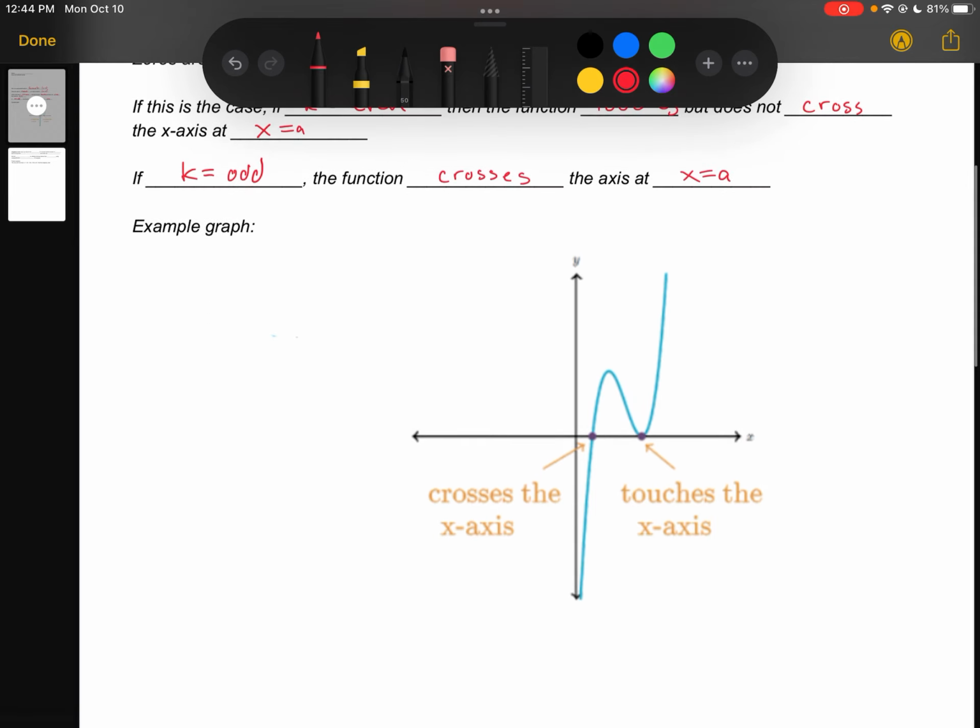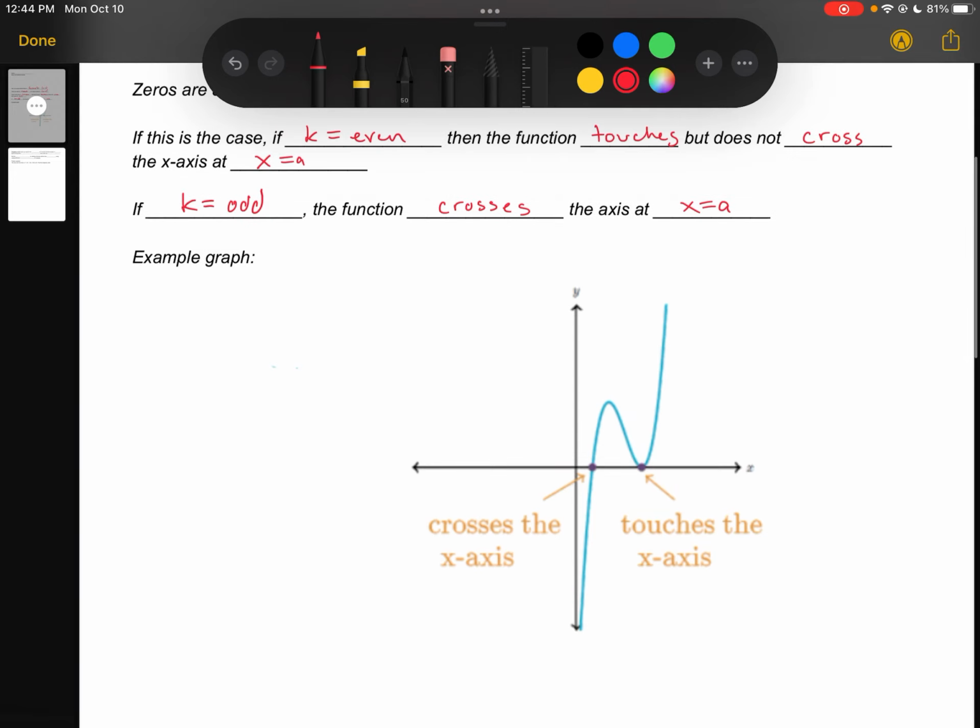In our image below, we're going to see the two different types of root that we might have. Our first one crosses the x-axis, so because it crosses, we know that k is an odd number. But with the second type, we see that it bumps into it and then goes back. If it just touches it, that's what that looks like, then we know that k is going to be an even number.